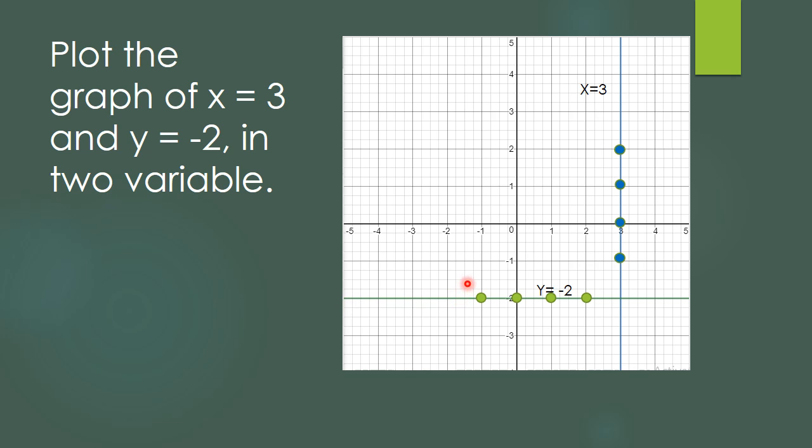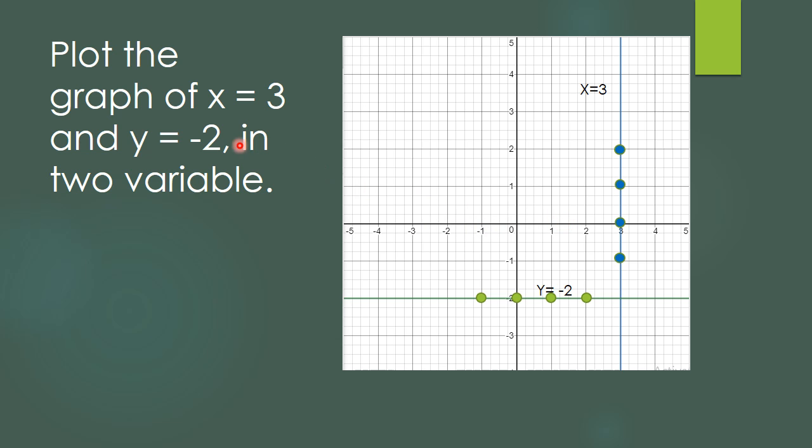Now what we observed: x is equal to 3 means y was missing, and when y is missing, the line will be parallel to the y axis. While y is equal to minus 2, x is missing, and that line will be parallel to the x axis.